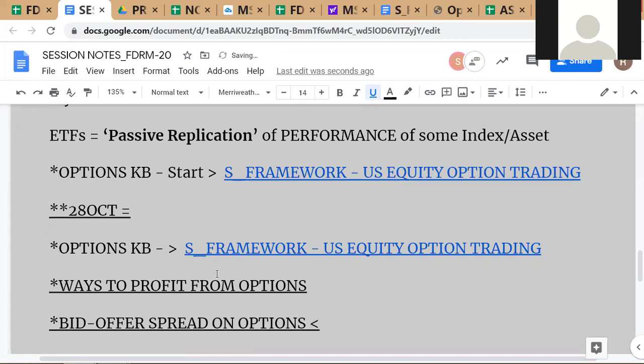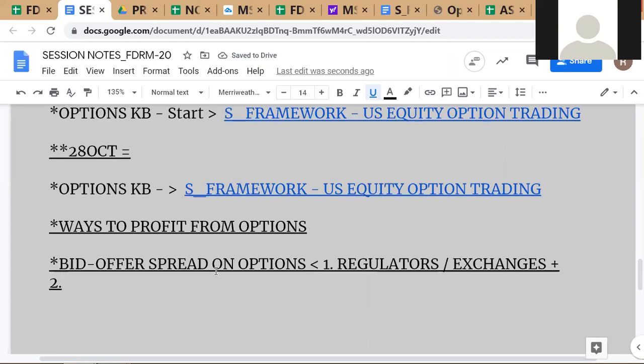It's a function of one, which is the regulatory element. So we can say regulators and exchanges, all right, they determine it. And then is also, so I'll keep these notes very basic because it's really meant for people who have attended the class.